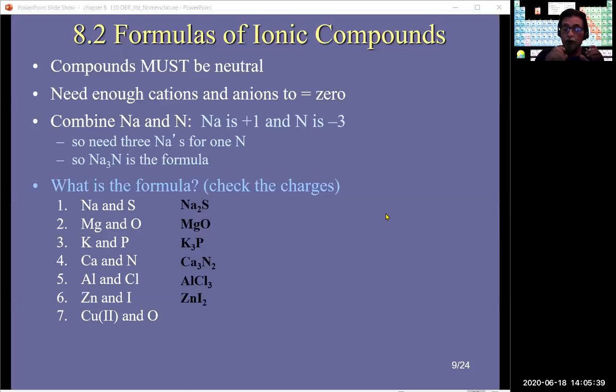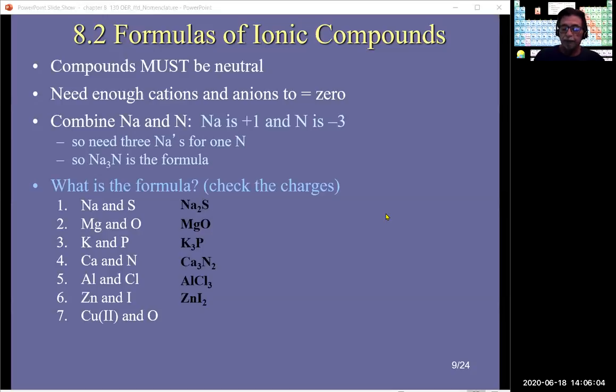Those 16 always have a known oxidation number or charge, okay? And so for those 16, we don't have to put a Roman numeral. That means that all the other metals require a Roman numeral. Why? Because their oxidation state or charge can vary.